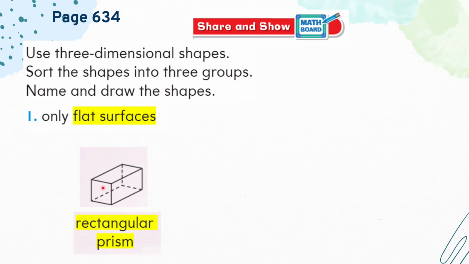Now you will see on this three-dimensional shape there is no round surface. All the 6 surfaces of this rectangular prism are flat. The other one is a cube. Now in this cube as well, you're going to see that all the 6 surfaces that it has are flat and there is no round surface in this three-dimensional shape.